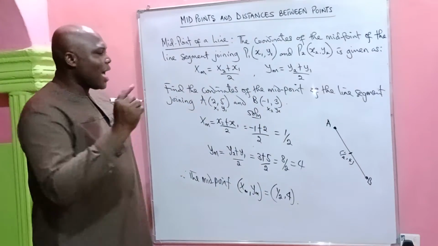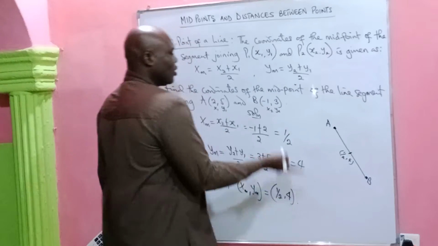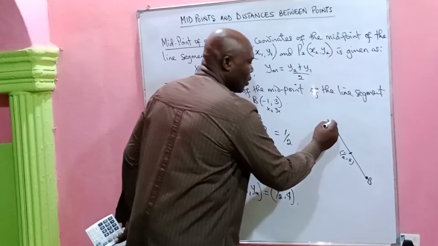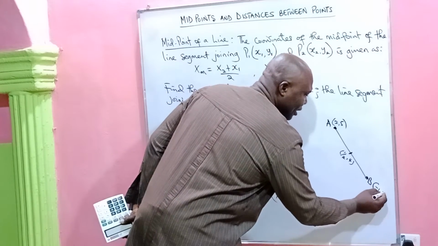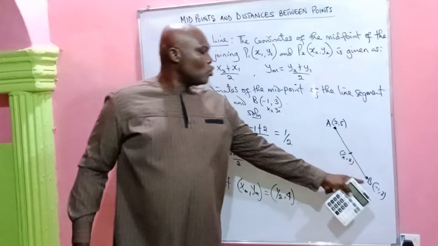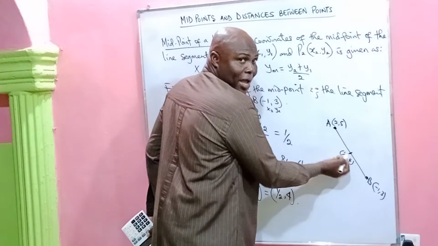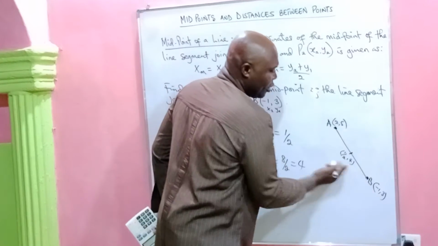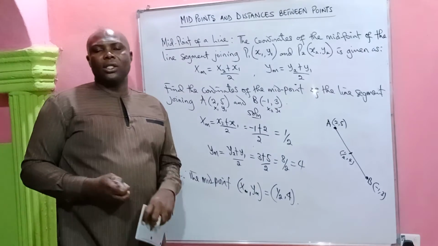As long as A has the coordinates 2 and 5 and B has the coordinates minus 1 and 3, the only coordinate that will be exactly halfway between A and B will be half and 4. That's the meaning of the midpoint of a line.